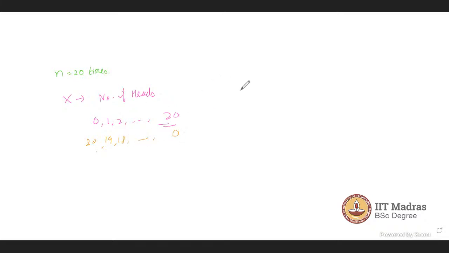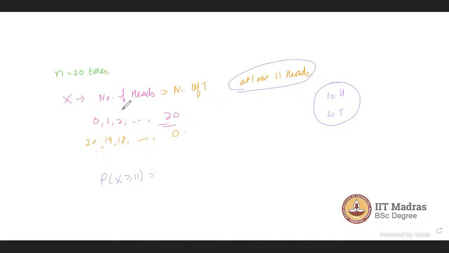So in general, I should get at least 11 heads. Because if I get 10 heads, I will have 10 tails. So to get more heads than tails, I should have at least 11 heads. And then you can just use the binomial simply, right?